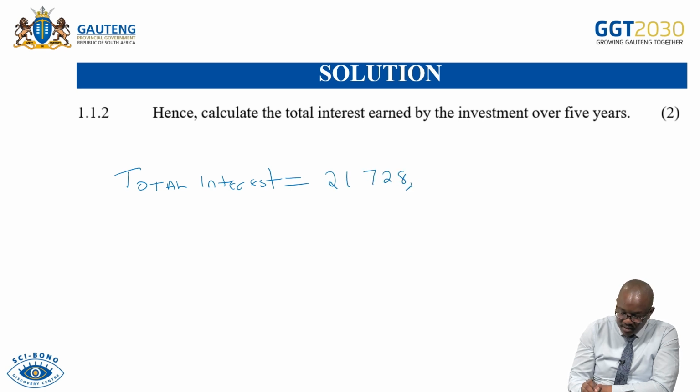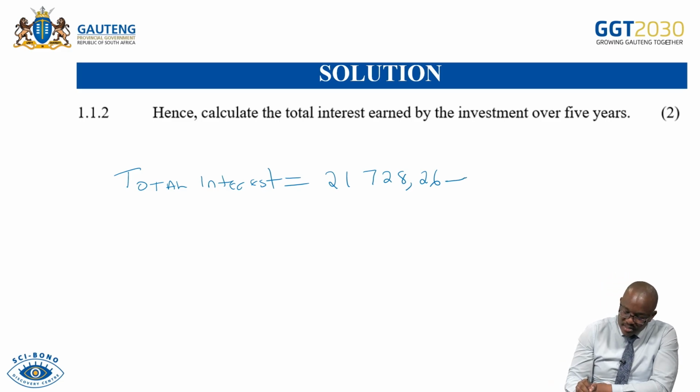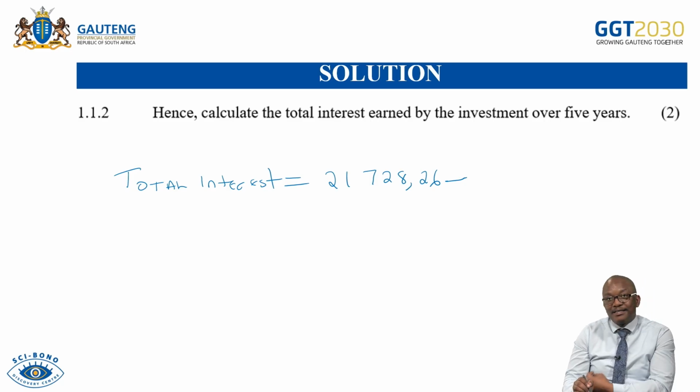21,728 rand and 26 cents, correct? We subtract the money that was deposited, which is 15,000.